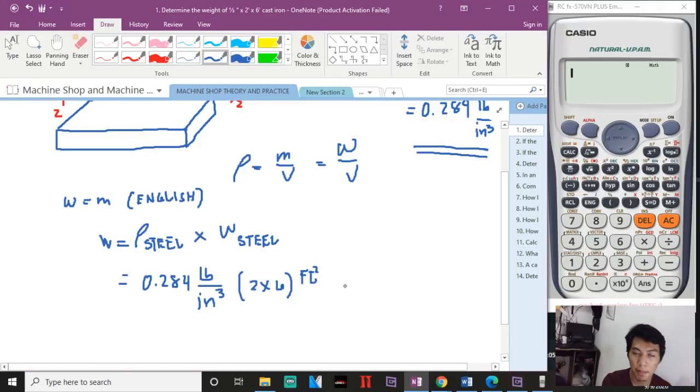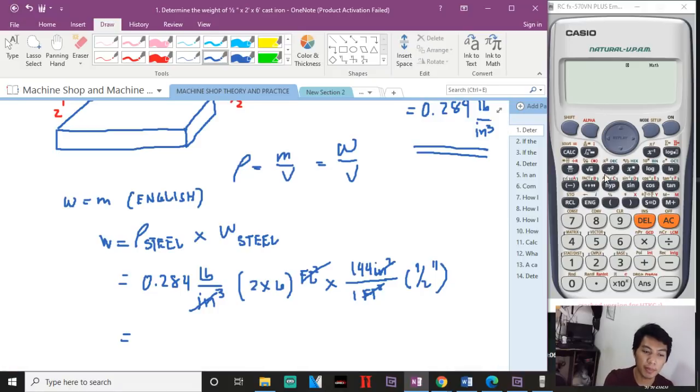Ngayon, meron tayong combination dito ng conversion. Kapag nakakita ka ng feet squared, in order for you to translate it into inch squared, 1 feet squared is 144 inch squared. And then, yung matitira natin, yung 1/2 inch. Cancel all the units na same. Ang lalabas is pound.